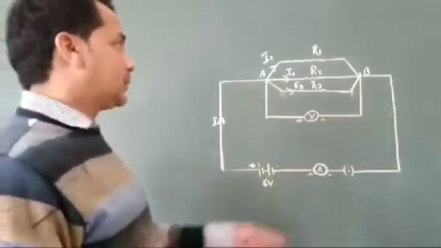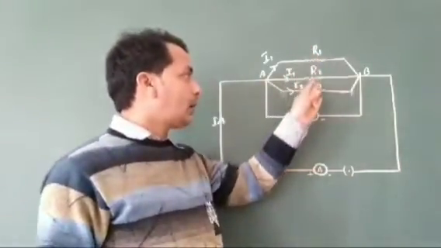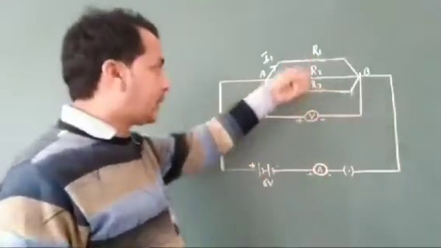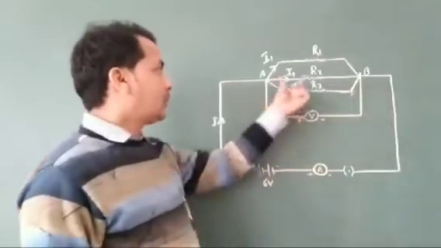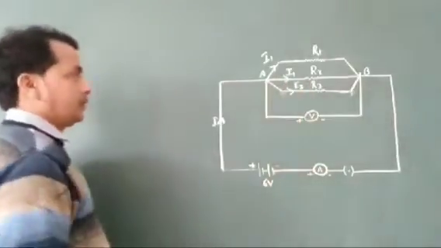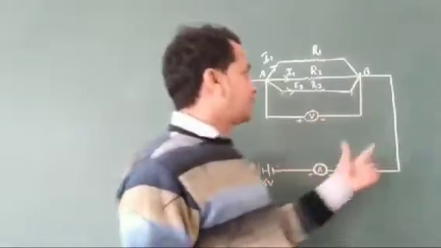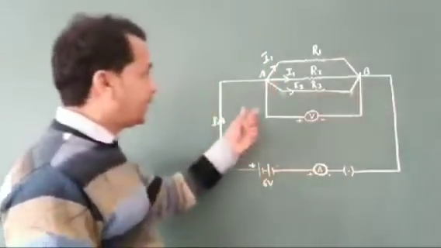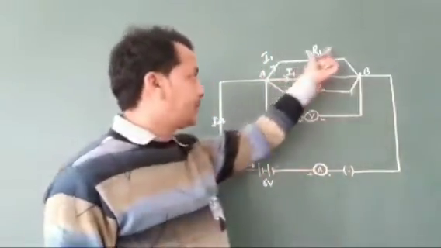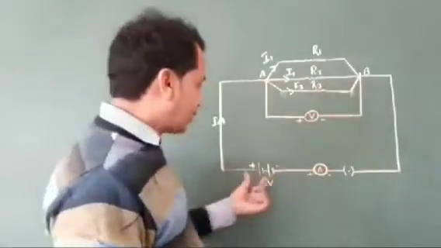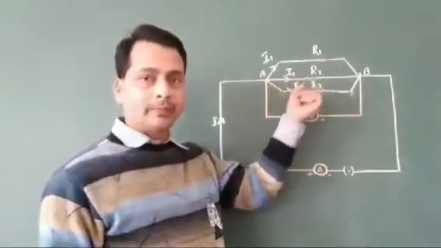So R1, R2 and R3 are connected in parallel combination. According to the parallel combination, the electric current will be different in each resistor and the potential difference will be the same.